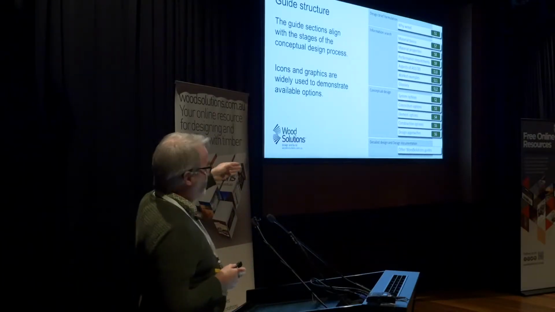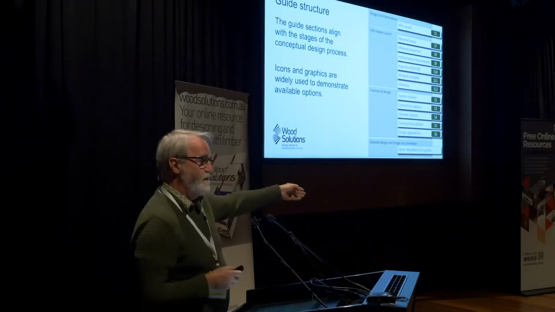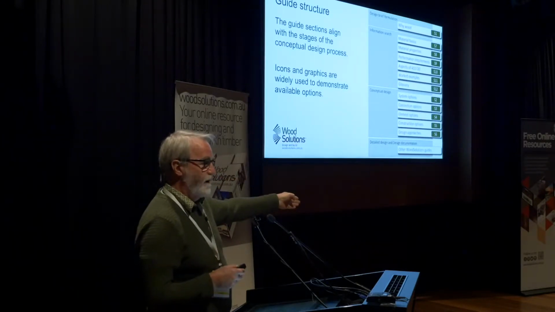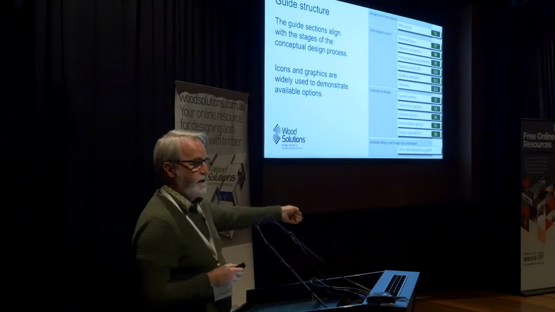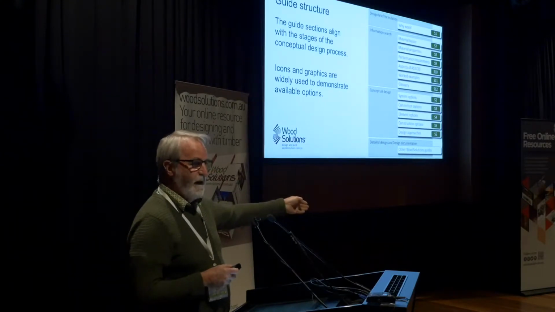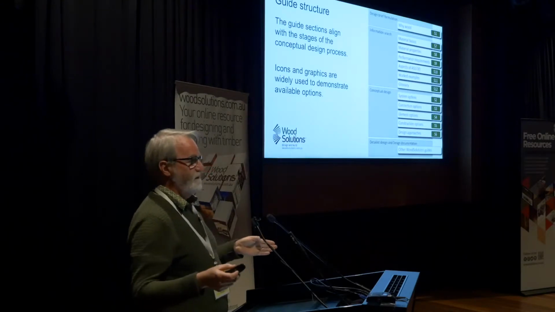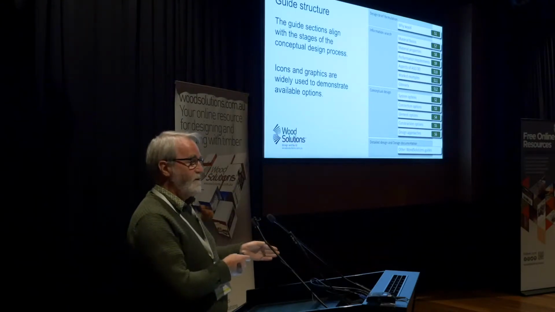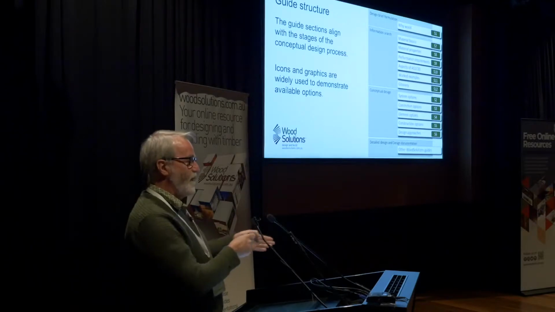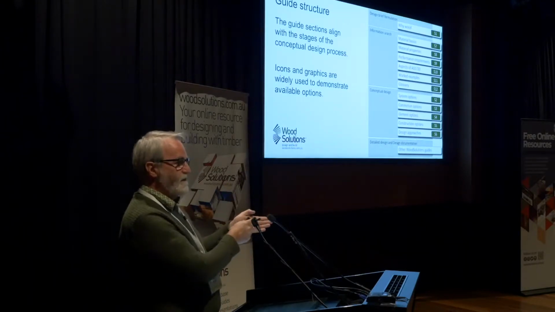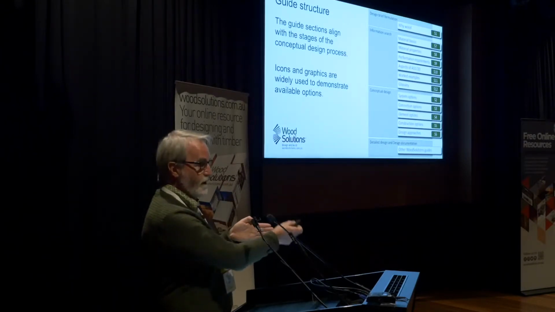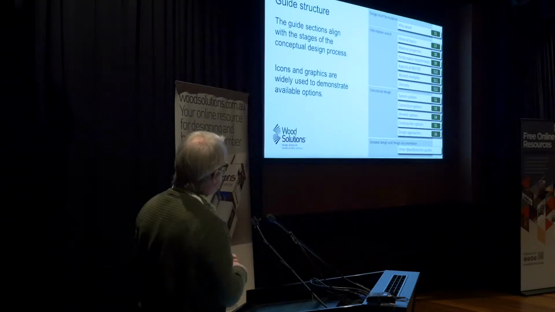Now, the guide doesn't want to go into detailed design. It doesn't want to provide you a fire detail. It doesn't want to show you how to design for durability, but it wants to direct you to the other guides that exist that will do that. And so this becomes a directory so that you know that at this stage you should go off and get that guide and look at that in more detail.